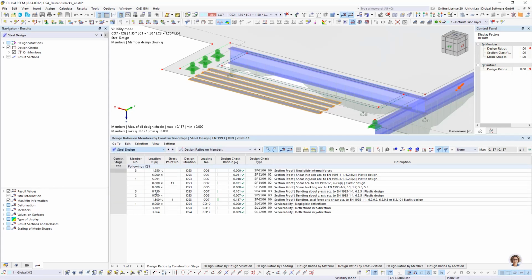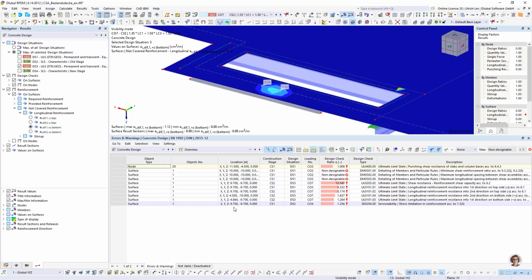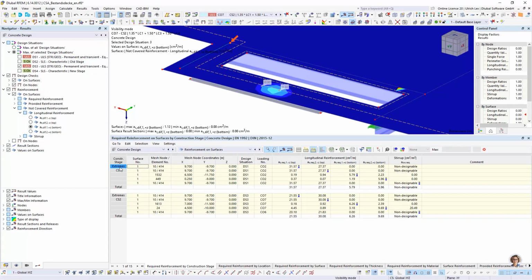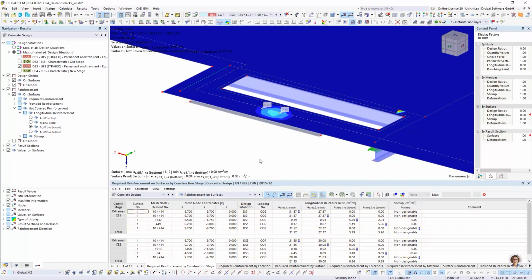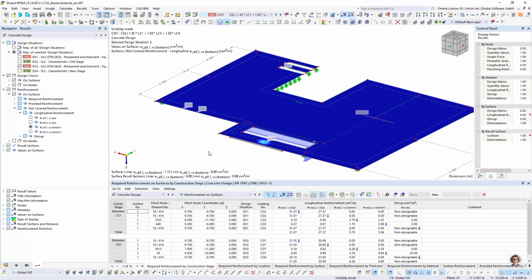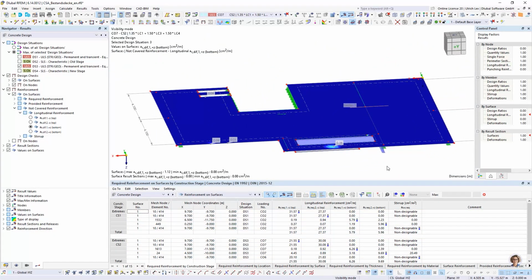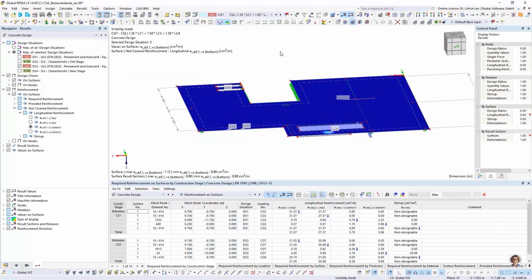When we take a look at the concrete design, we also have the results for stage 1 and stage 2. These are the same in the printout report, and the most important thing is to document the results, or the differences between the different stages, graphically in the report.